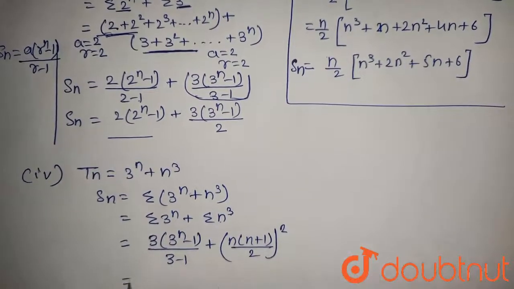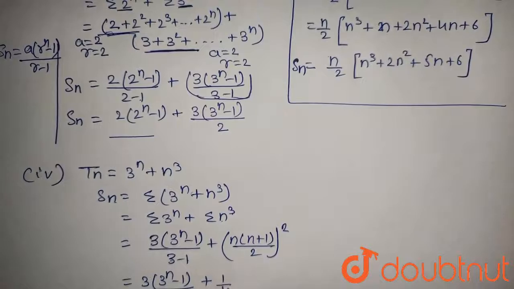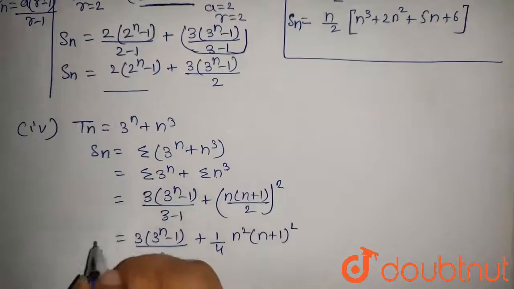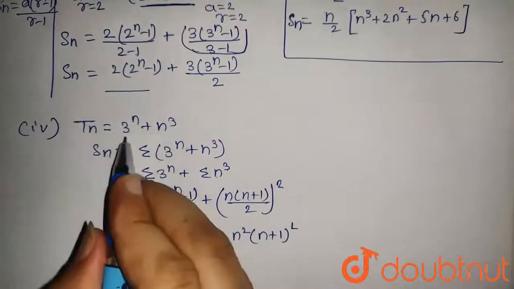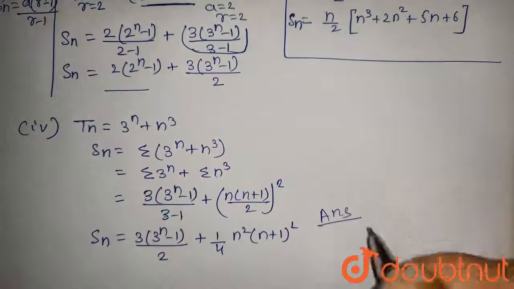On simplifying this, we get 3 into 3 to the power n minus 1 upon 3 minus 1, that is 2, plus this will be 1 by 4 into n square into n plus 1 to the whole square. So this is the sum with general term 3 to the power n plus n cube. So this is the answer of this question.